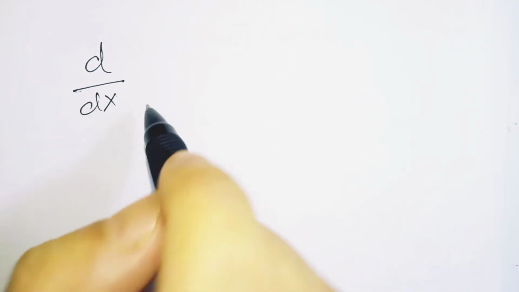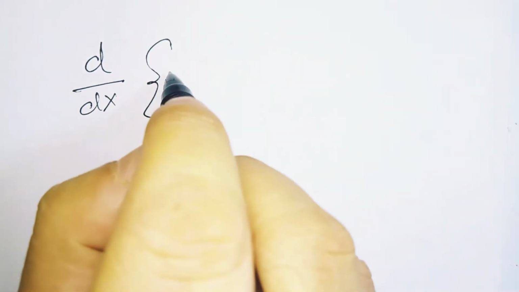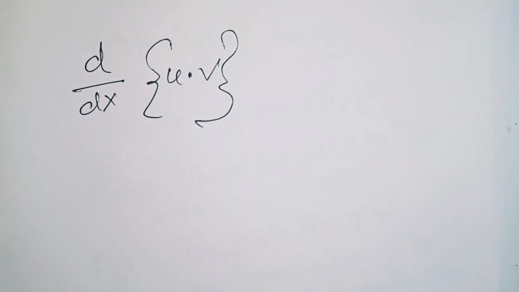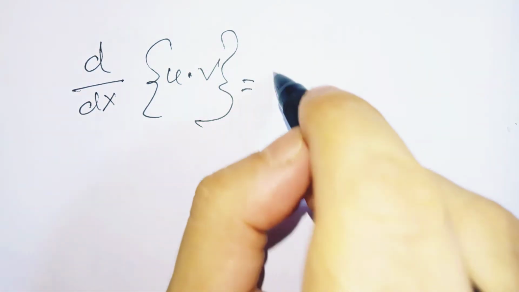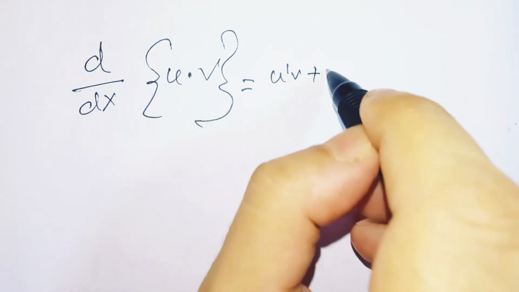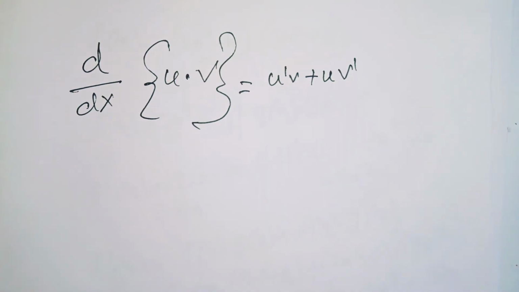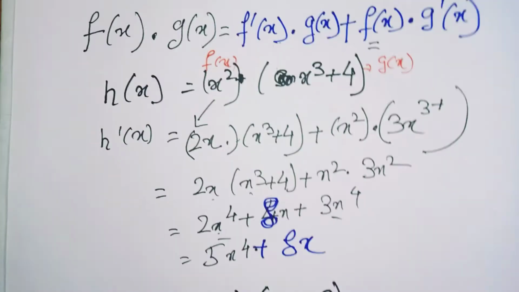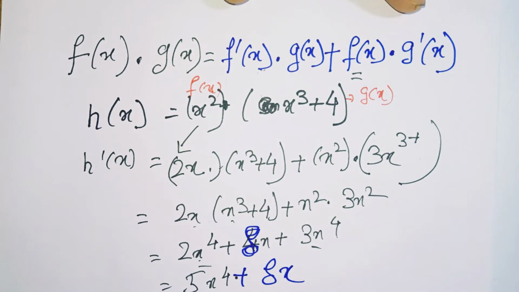You can also write the product rule sometimes like, I would use d by dx of uv, right? So this is nothing, you can just write it as u prime v plus uv prime. So this is the same as this formula. It is all the same.